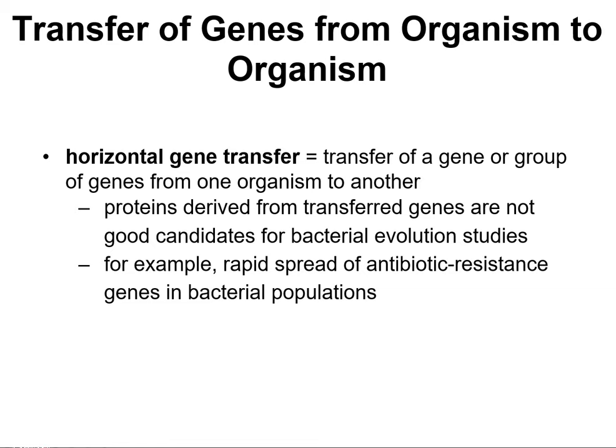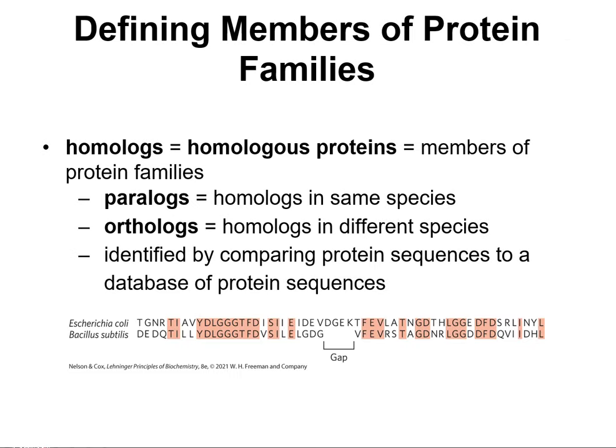And that's when a gene or a group of genes is transferred from one organism to another. When you're trying to look at evolution, these are probably not the genes that you want to look at. And like I said, you can use the evolution and look at these consensus sequences to start defining members of a protein family.